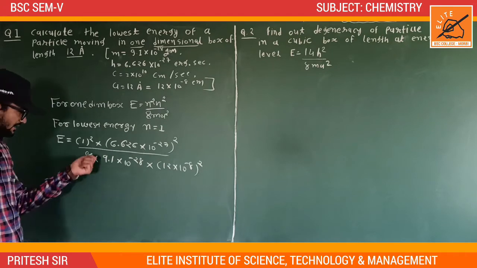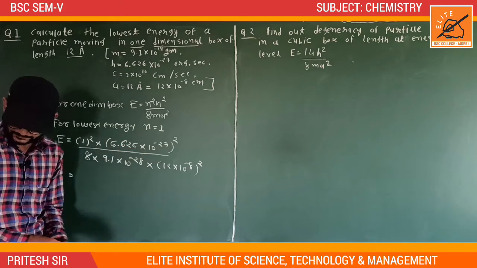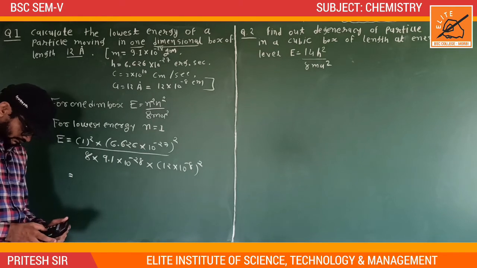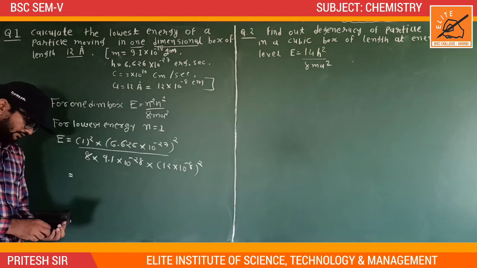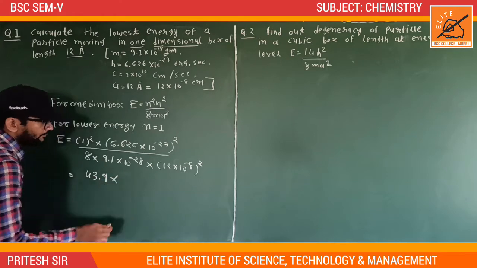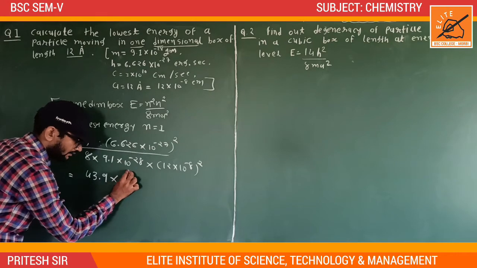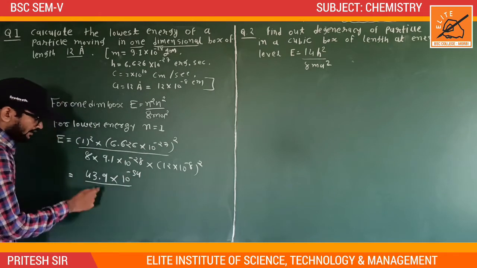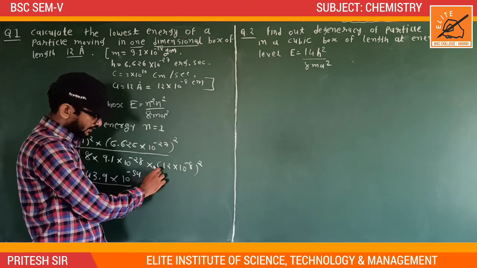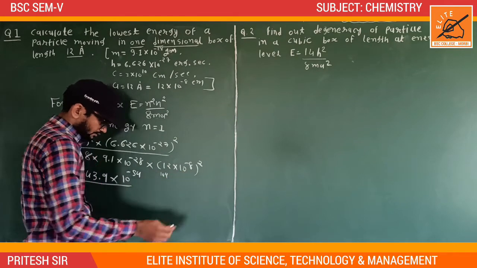First, 1 square is 1. Second, 6.626 square is equal to 43.9 into 10 to the power minus 27 square, which means 10 to the power minus 54. Then 8 into 9.1 into the square of 12, which is 144.